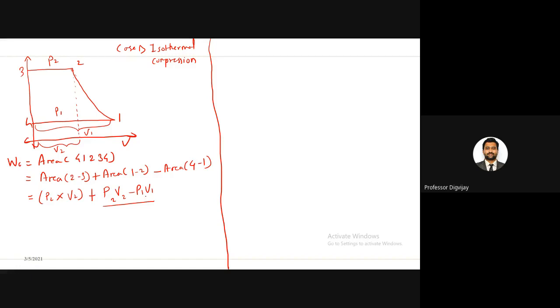Minus area 4 to 1 is nothing but the area of this small rectangle, that will be equal to P1 into V1. So simply on one side I will take this P2 V2 minus P1 V1, then plus P2 V2 minus P1 V1 divided by n minus 1.